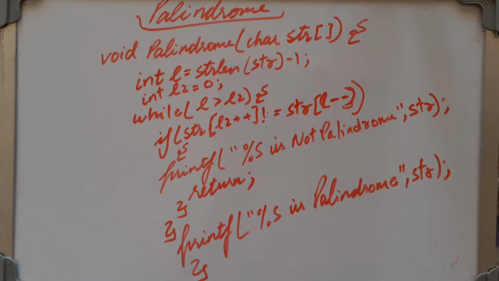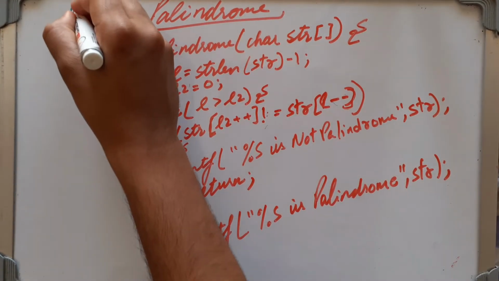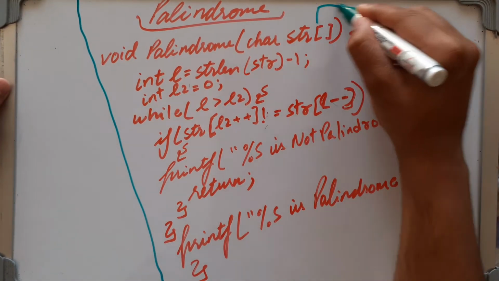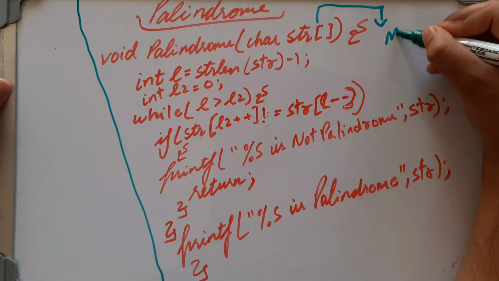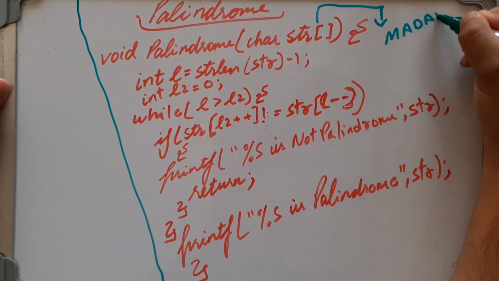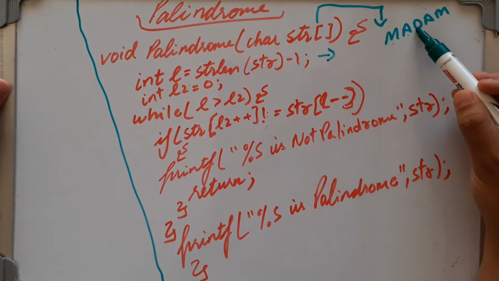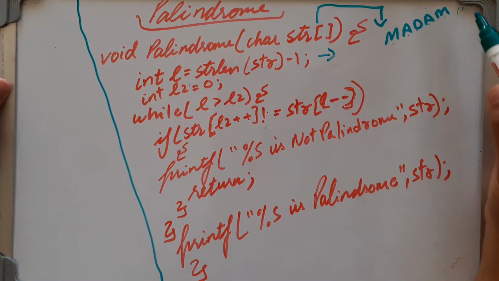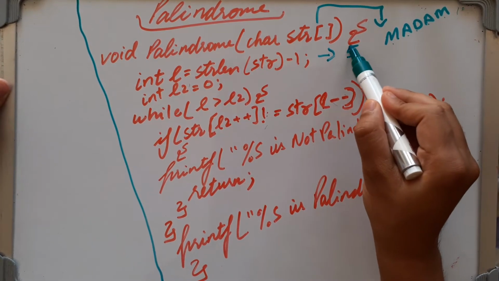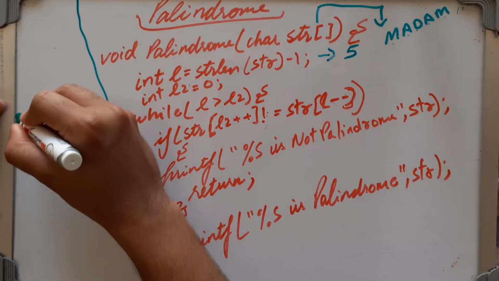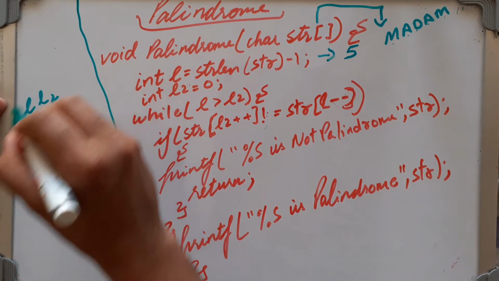Now I will explain how this program works. Let me do it here. Suppose we have the string madam. The length is 1 2 3 4 5, and backslash 0 also makes 6, so the length it will take is 5. Here is 0. Now in our first condition, L and L2 we are working on.